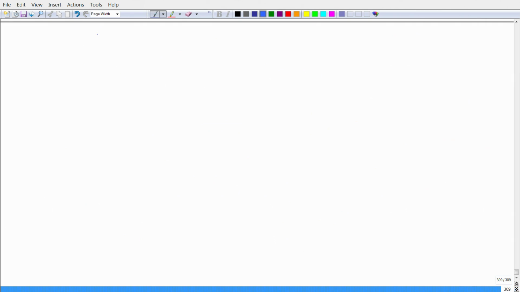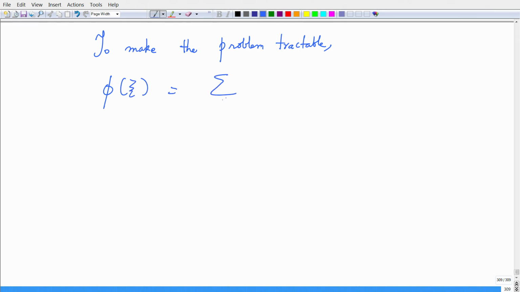Now, to make the problem tractable, because we are now dealing with a summation of indicator functions, what we do is we approximate phi of zeta to be summation i equals 1 to n zeta i. This is what I have.